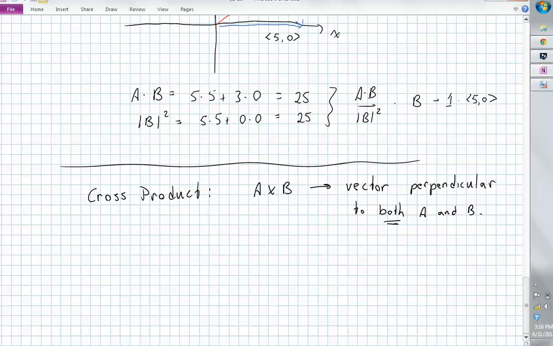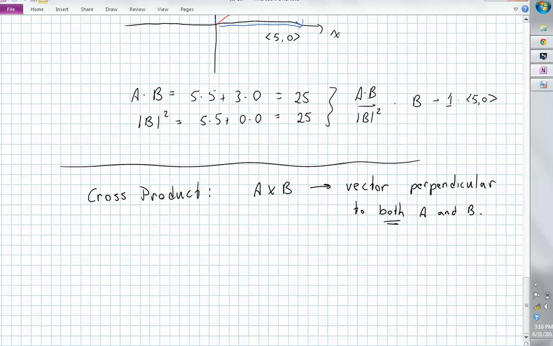That's not a terribly difficult thing to imagine. Here's a vector, here's a vector. I put them together like this in 3 dimensions. Are there vectors that are perpendicular to both of these guys? Sure, they kind of point along in this direction, right? How many are there? There's a lot of them, yeah. There's an infinite number of them, right?